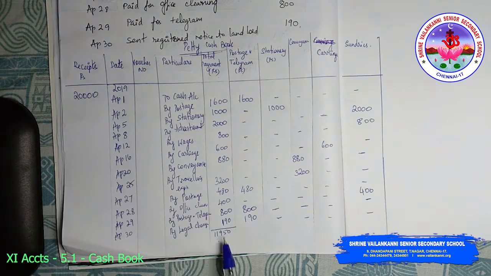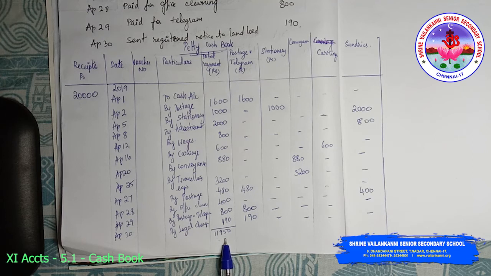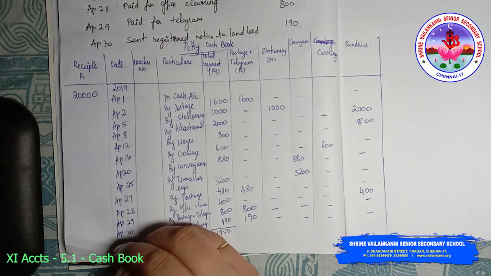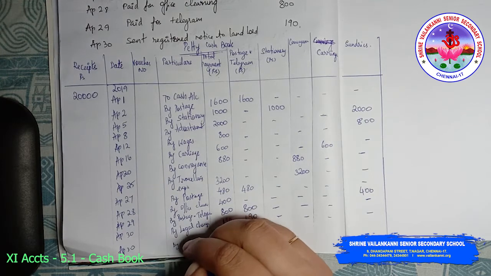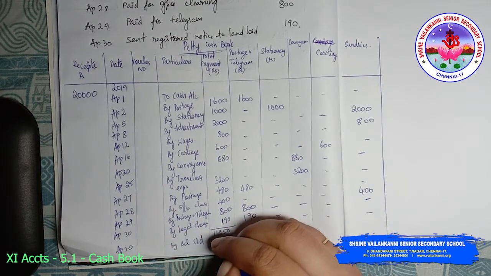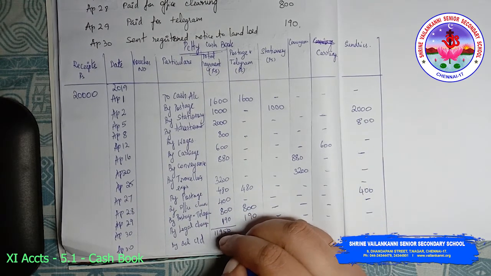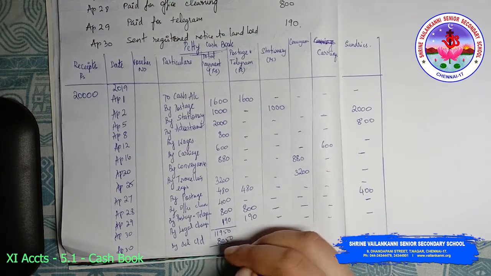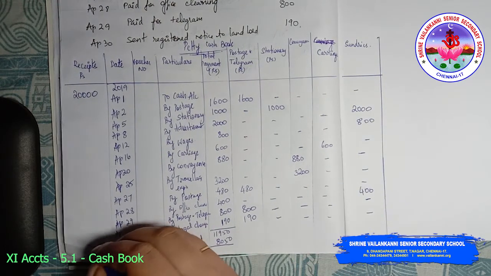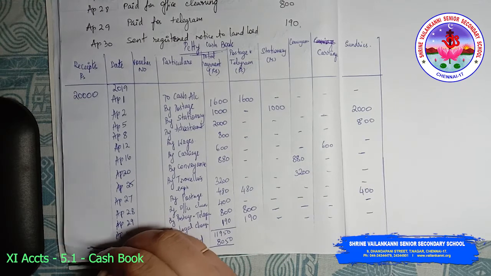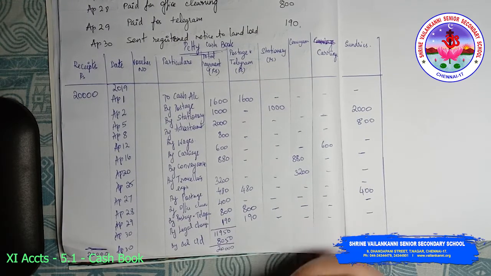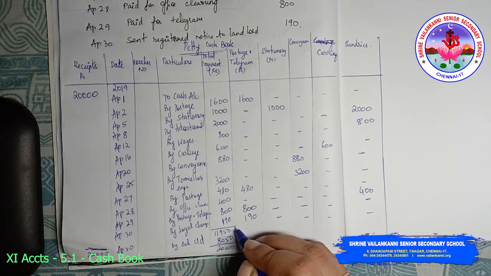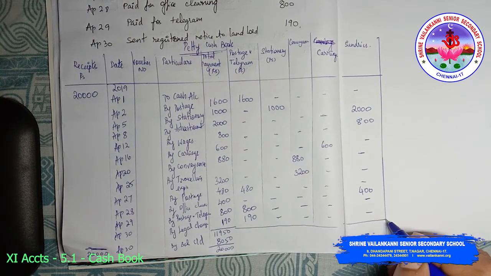So 20,000 minus 11,950, April 30 by balance carried down, which is 8,050. So the total of this is 20,000 and 20,000.